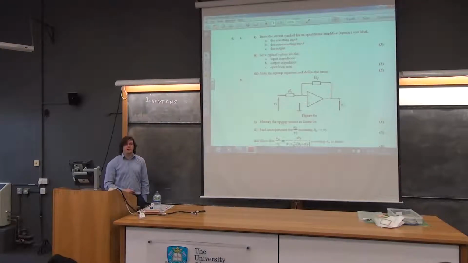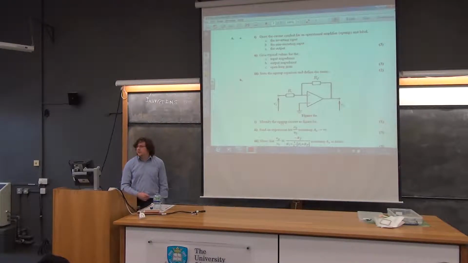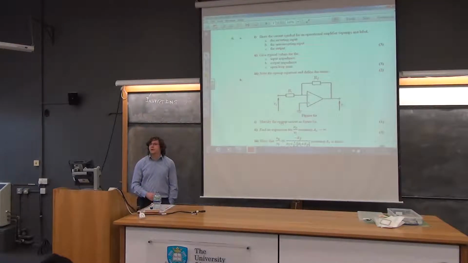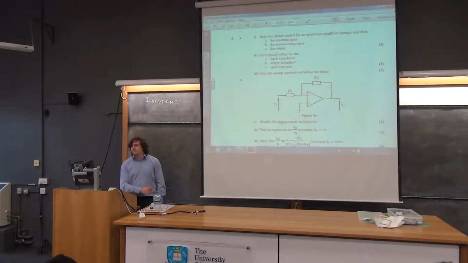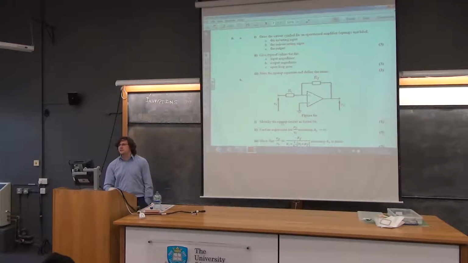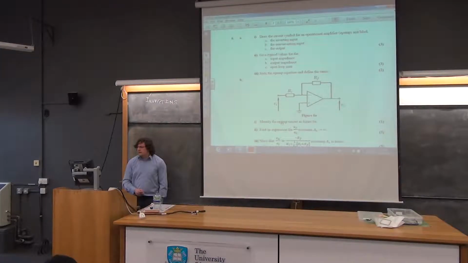Input impedance is about 1 gigaohm, output impedance is about 50 ohms to 100 ohms, and open loop gain is anything from 10,000 up to a few million will be fine, or even 10 million. So there's a big range you can pick in, and it doesn't really matter what numbers you come up with as long as they're the right order of magnitude. So you just have to remember them. So you're going to mark each for that, so it's 6 marks.